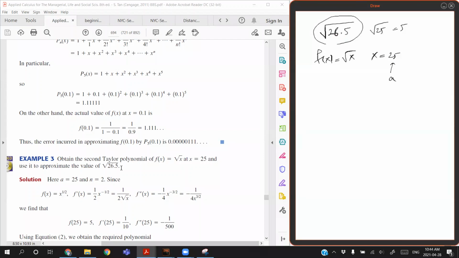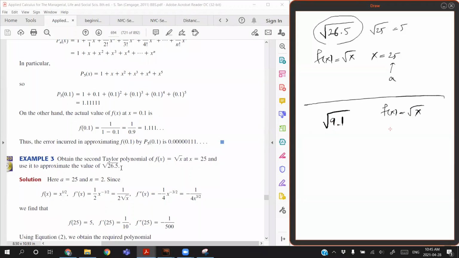So I'm going to give you another example. If I want to figure out what root 9.1 is using this method, from this problem, it's evident that f of x needs to be root x, because that's the function here, root of a number.